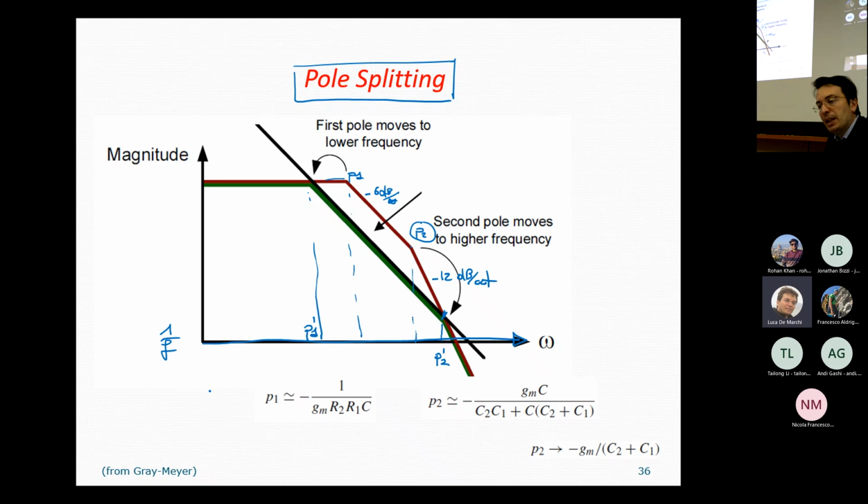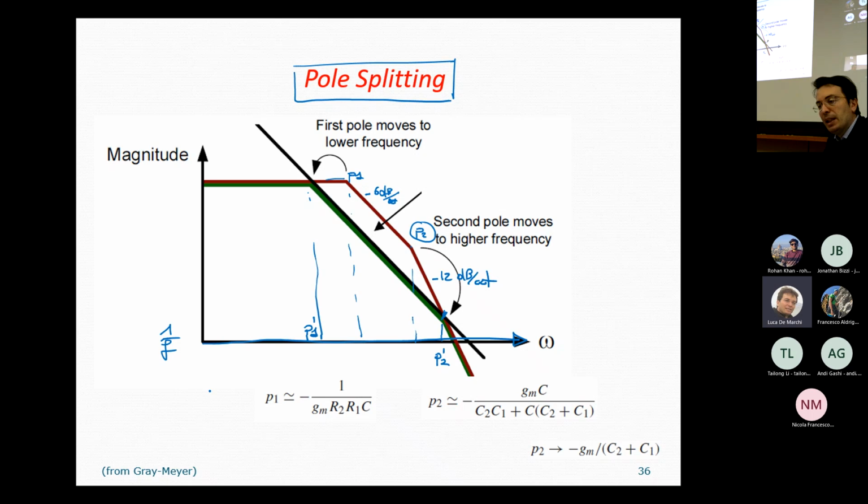Okay, so what about the output? The maximum value of the output will be equal to VDD minus the overdrive of this transistor. This is transistor 6, so this is the overdrive of transistor 6.